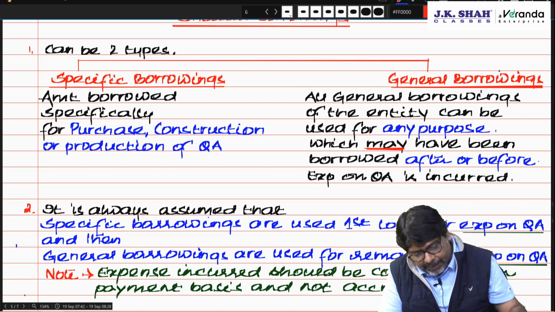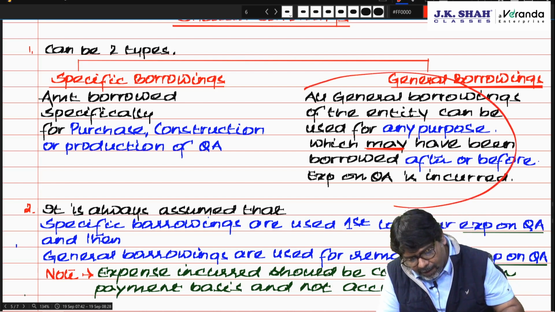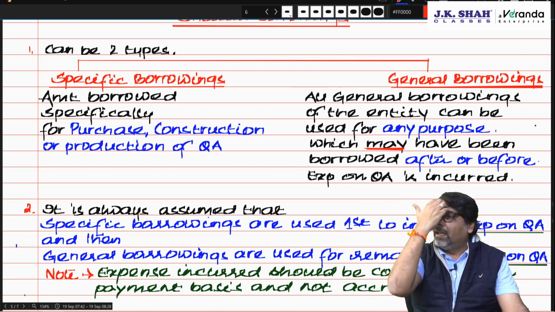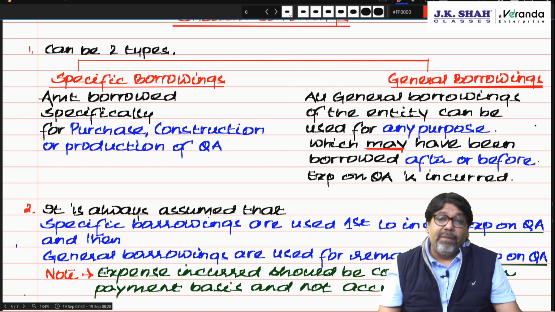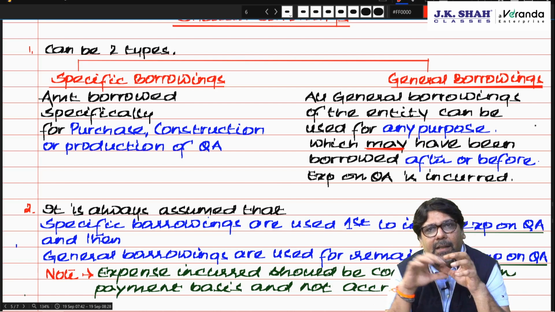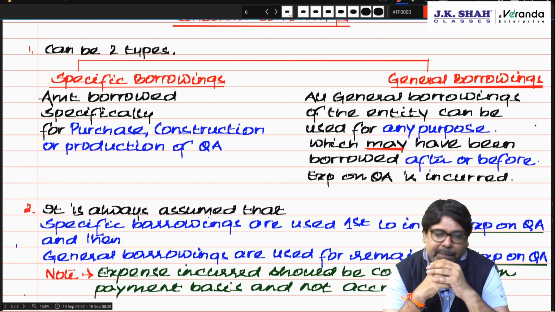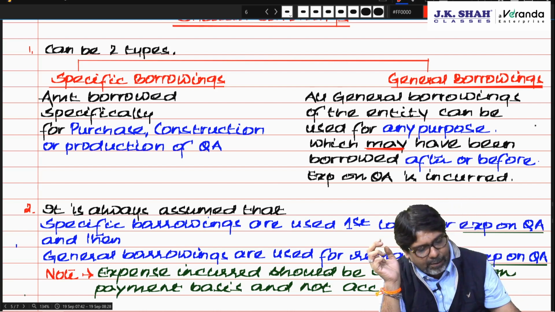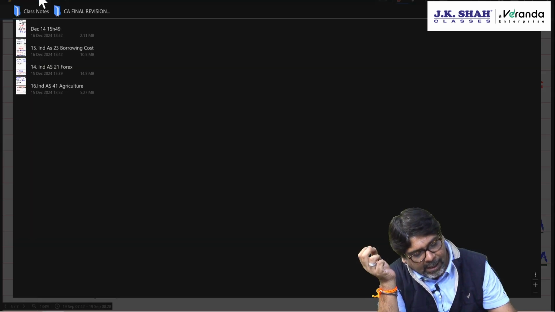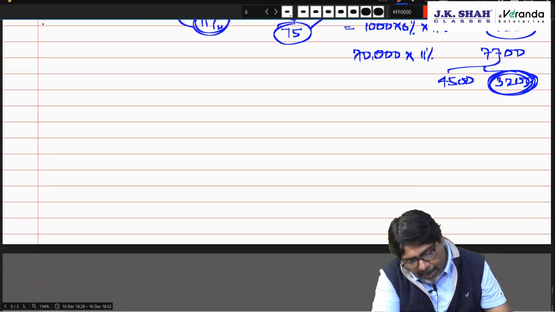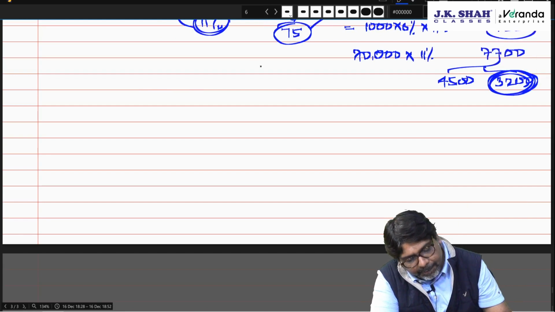This line is a very prudent line which the standard is talking about. For example, understand this one to one clearly. First is started. My mother wants jewelry.